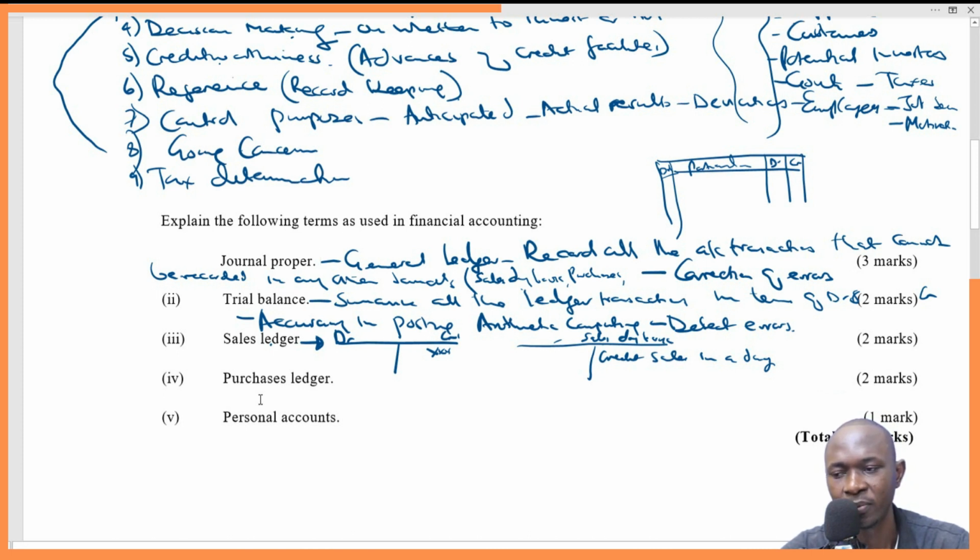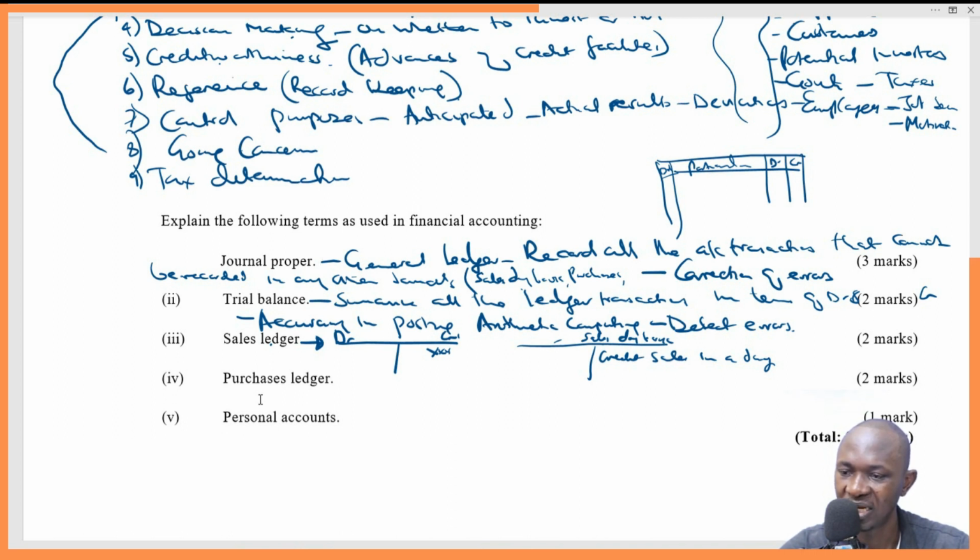We are reducing on the stocks, so we show it as a credit entry. So sales ledger, this is basically a summary of all the sales that have taken place in a month. In most cases in a month, but we talk of a given period of time.